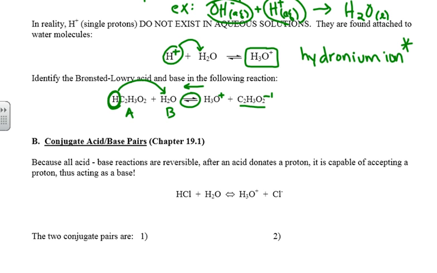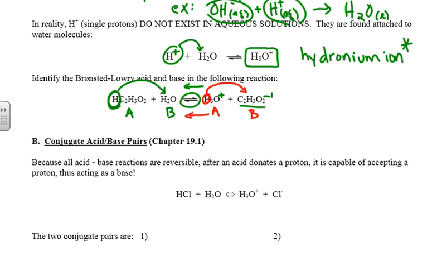The H3O is going to give away one of its hydrogens to the acetate ion. And how do you know that? Well, look, if you go to the left here, you'll see that H3O has to become H2O. So it's lost a hydrogen ion. So that classifies the H3O, the hydronium ion, as an acid. And the acetate ion has to be classified as a base because it took that proton.